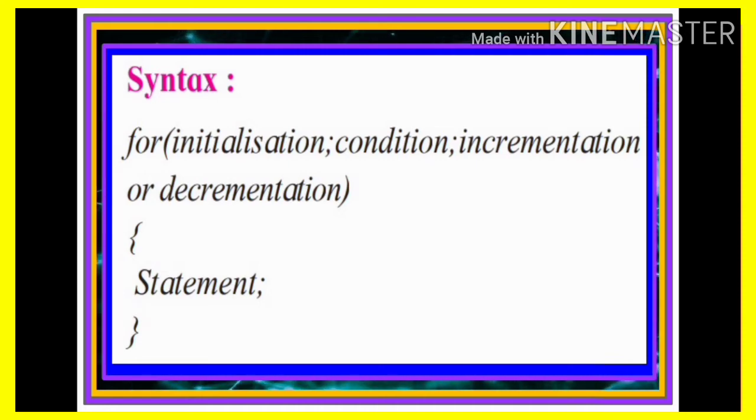The syntax contains the for keyword, open parenthesis with three parts separated by semicolon. First part is initialization, second is condition, and third is incrementation or decrementation. In the next line, mention the statement block by using curly braces.